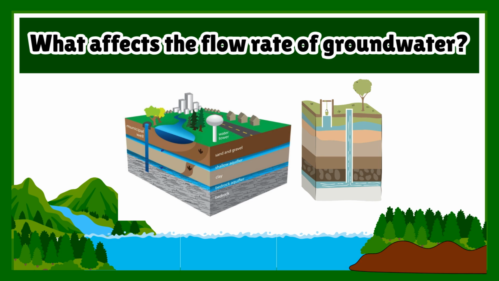Rainfall and human activities like pumping water from a well can also affect the groundwater flow, so it's necessary for humans to be careful and not pump too much of that water, because then it can become dry, and they're not going to be able to get any more water if there's no water underground.